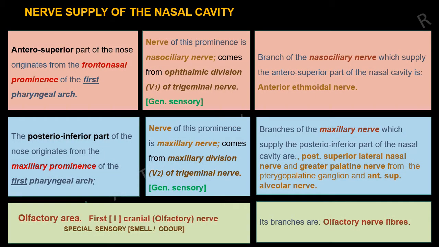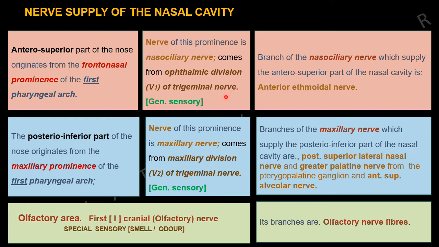Nerve supply of the nasal cavity. We have already presented the general principles of blood supply and nerve supply of the nasal cavity. The anterior superior part of the nose originates from the frontonasal prominence of the first pharyngeal arch. The nerve of this prominence is the nasociliary nerve, which comes from the ophthalmic division, the first division of the trigeminal nerve.